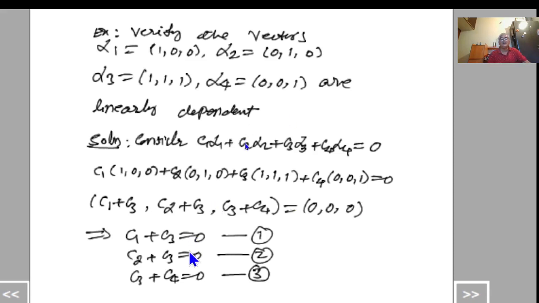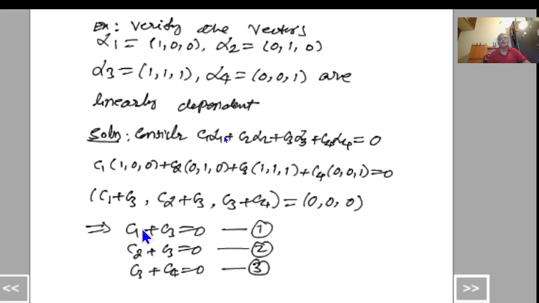Three equations are there, and how many unknowns are there? 4 unknowns. That means one unknown is more. If one unknown is more, then this has infinitely many solutions.